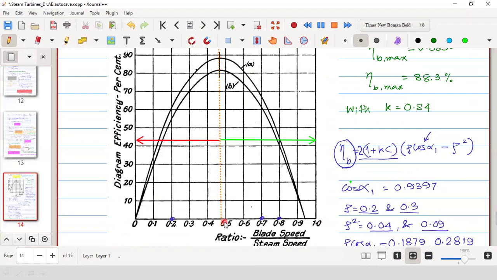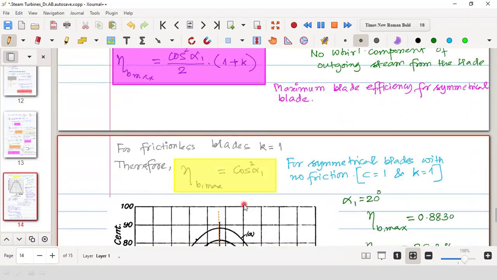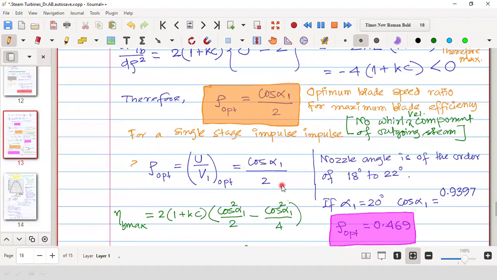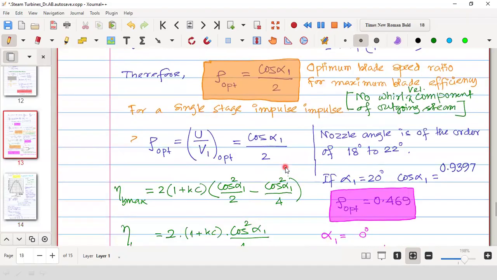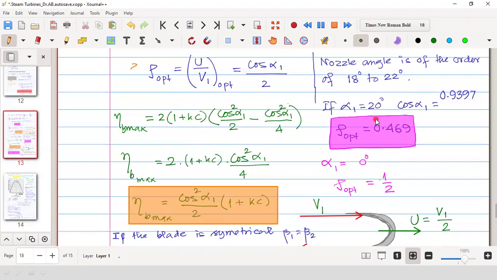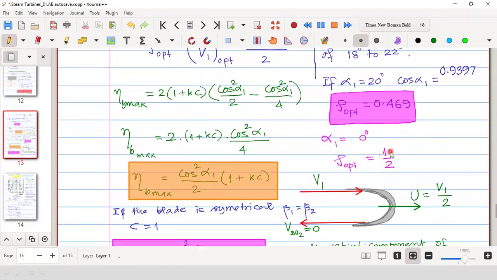Now for zero angle of the nozzle, that means if alpha 1 is 0, then it will be basically half, simply half. Because you can see that it is cos alpha by 2, that means 1 by 2, it is half. So the blade speed will be half of the steam speed.